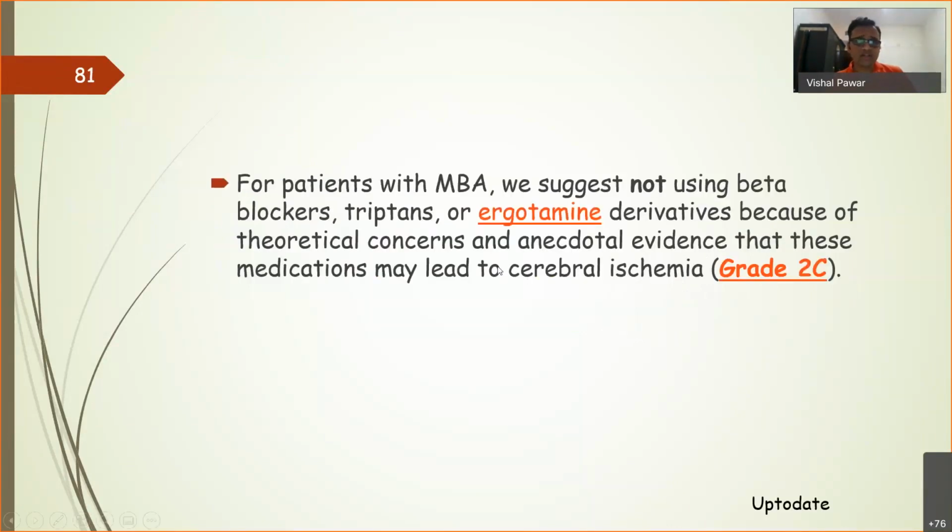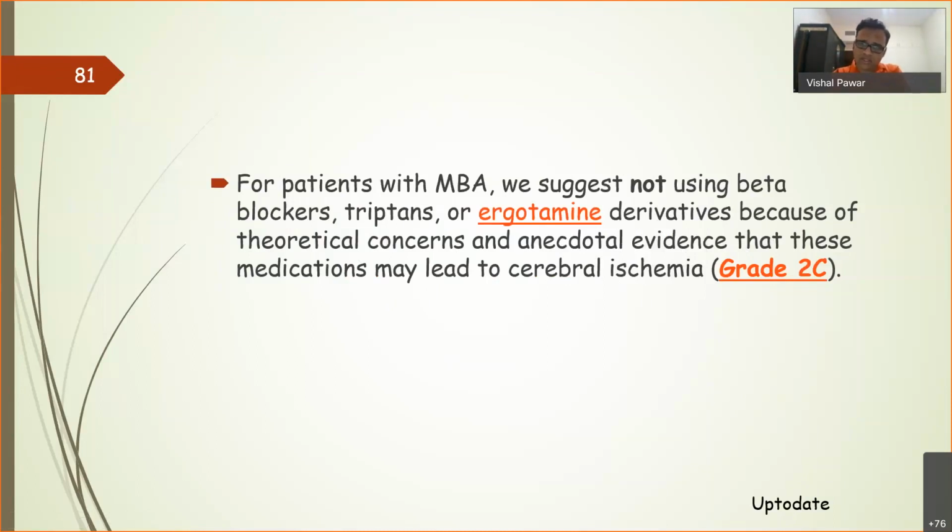One more point I learned, because I shared this case: there is a suggestion, grade 2C evidence, against using beta blockers, triptans or ergotamine derivatives, because of theoretical concerns and anecdotal evidence that these medications may lead to cerebral ischemia. Although this patient received a beta blocker for a week, he was all right.